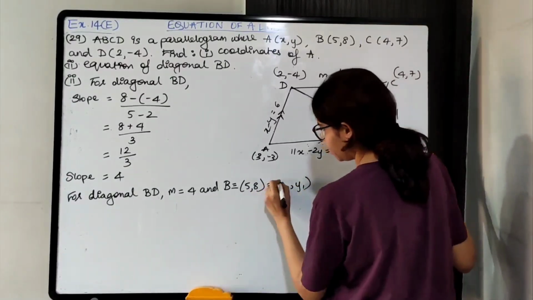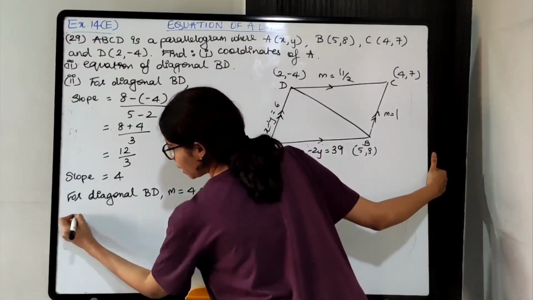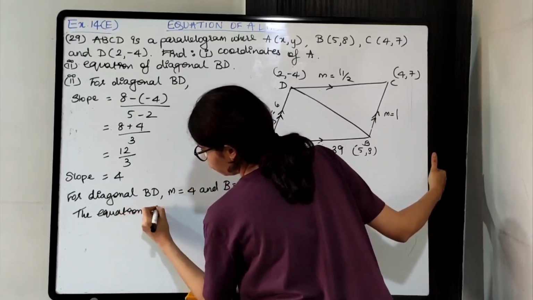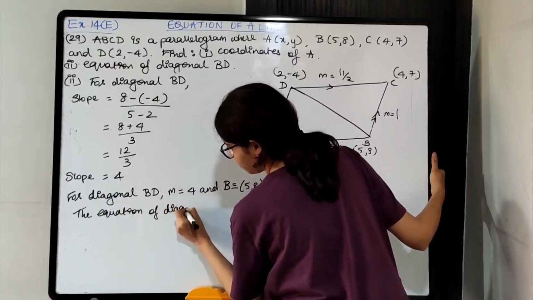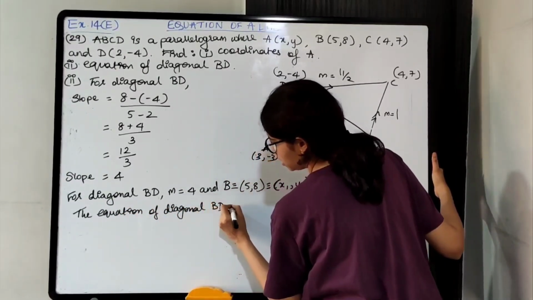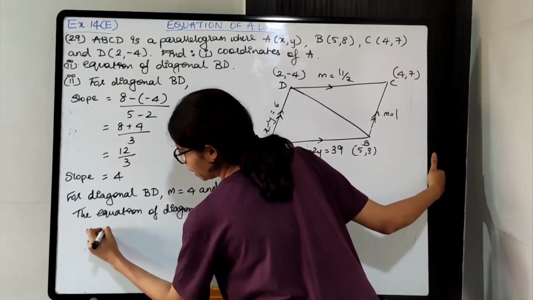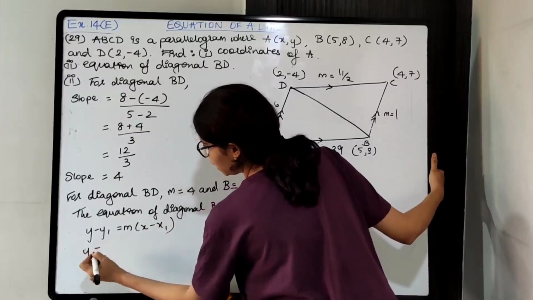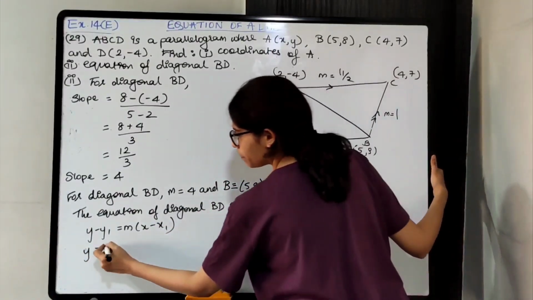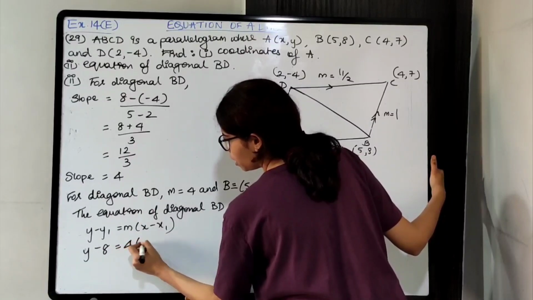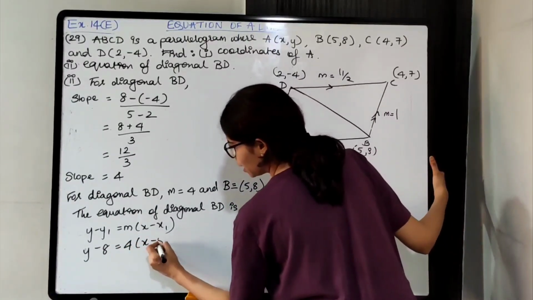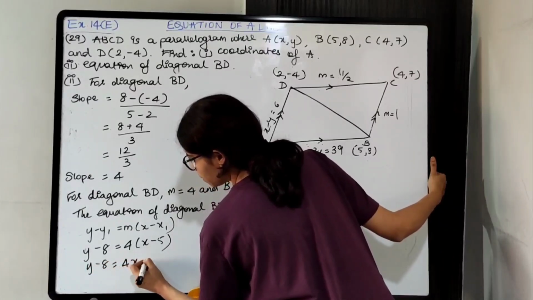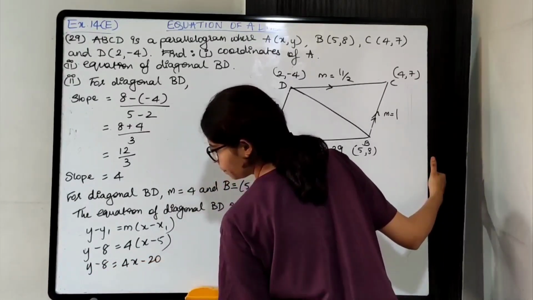Okay, so the equation of diagonal BD is y minus y1 equals to m into x minus x1. Put the values. y1 है 8, m is 4, x minus x1 is x minus 5. Okay, y minus 8 is equal to 4x minus 20.